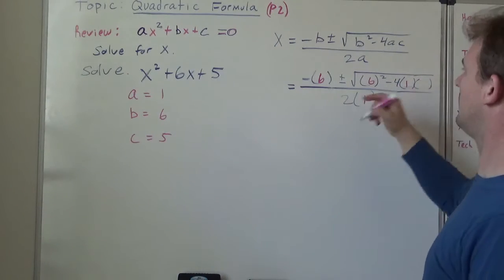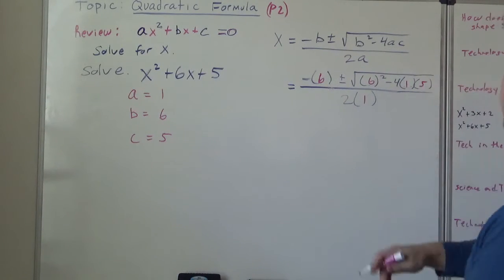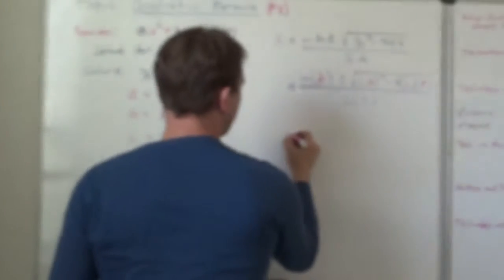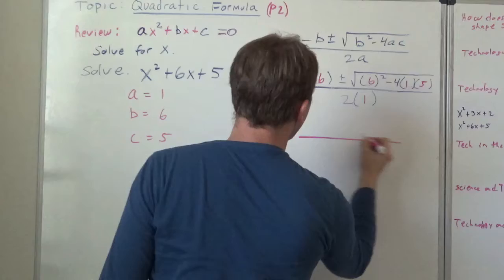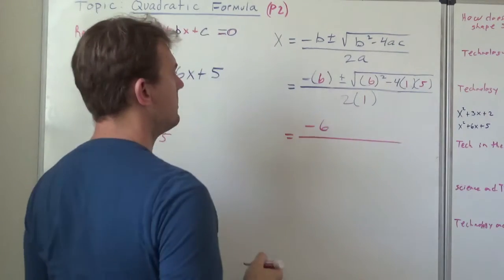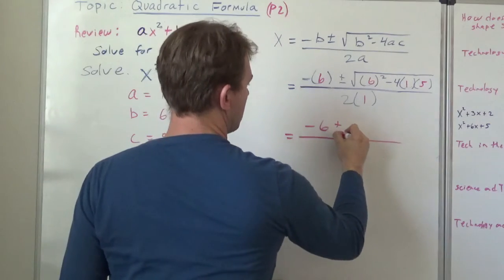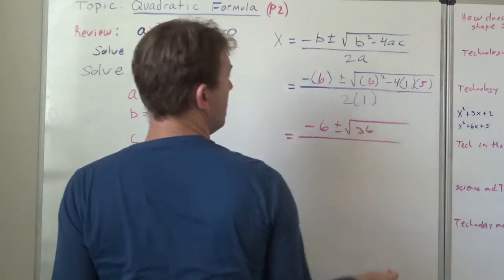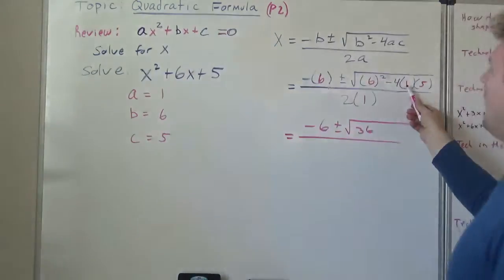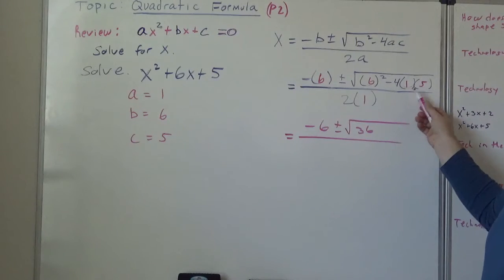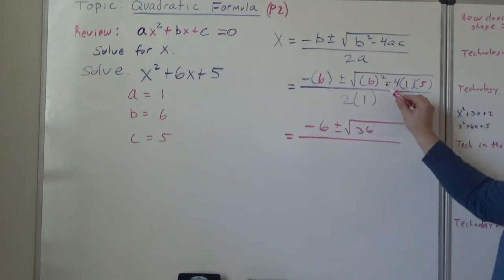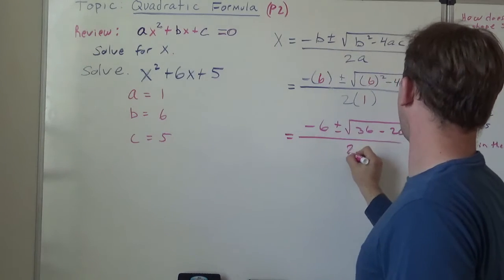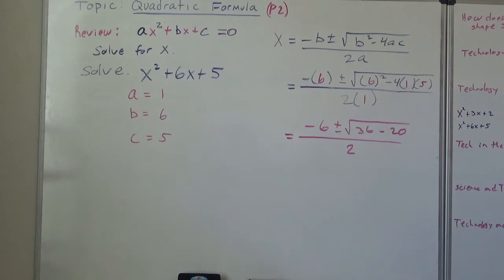And then C. And then solve. So minus 6 plus or minus the square root of 6 squared is 36. 4 times 1 is 4. Times 5 is 20. Minus 20. And 2. Okay.